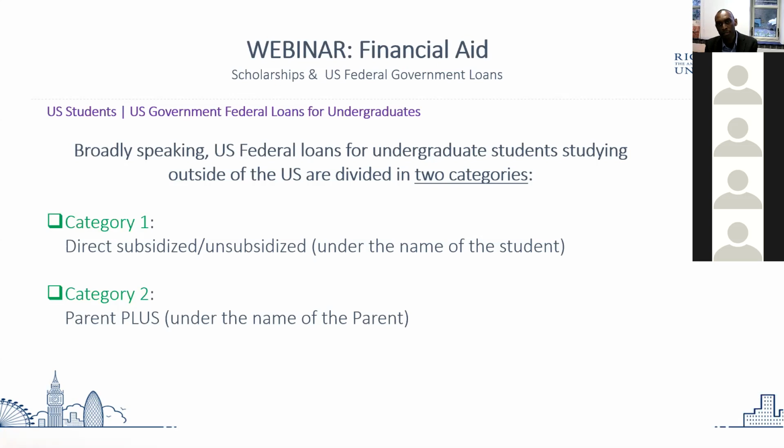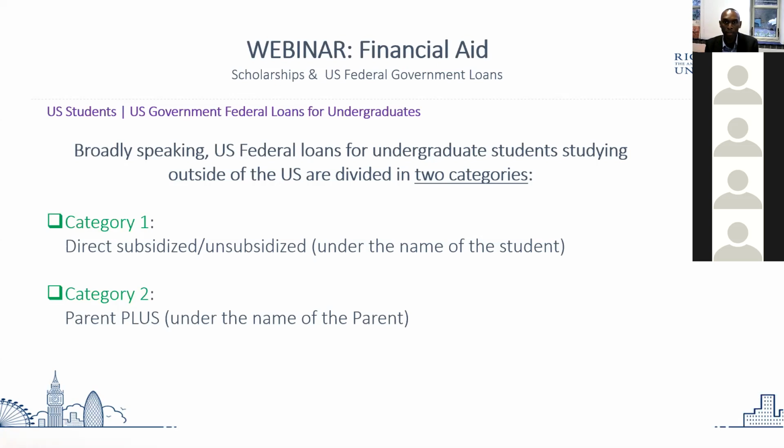If you're an independent student, for example, if you're above 24 years old or married, then you are automatically classified as an independent student. If you have dependents, you're also qualified as an independent student.